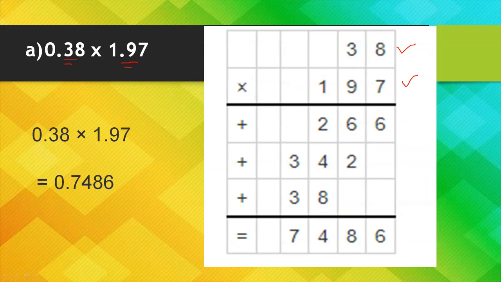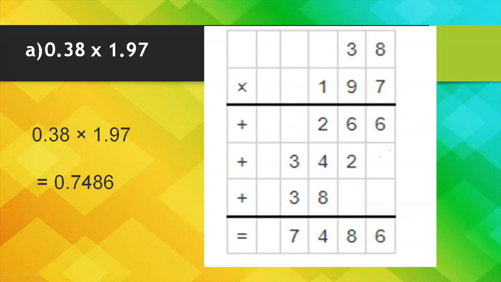I am going to multiply a two-digit number with a three-digit number. It means this has a three-step multiplication. First, we are multiplying this 7 with all these numbers. What comes? I am writing here.